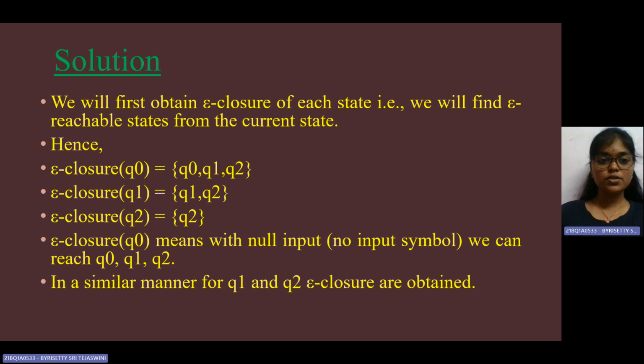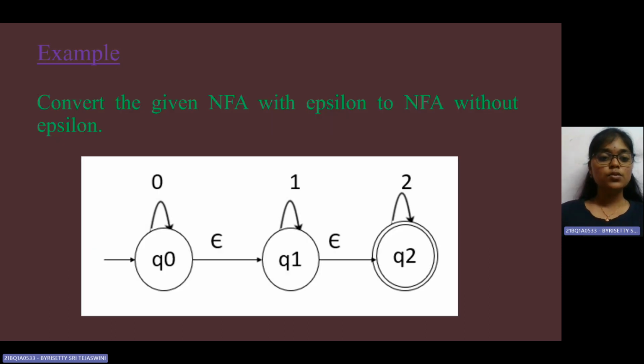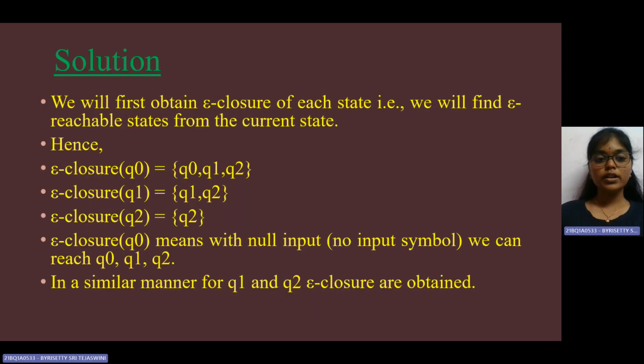So q0 is completed. Now move to q1. The epsilon closure of q1 is q1 itself, and the epsilon closure moves from q1 to q2, so q2 is also in the epsilon closure. So the epsilon closure of q1 is q1 and q2.